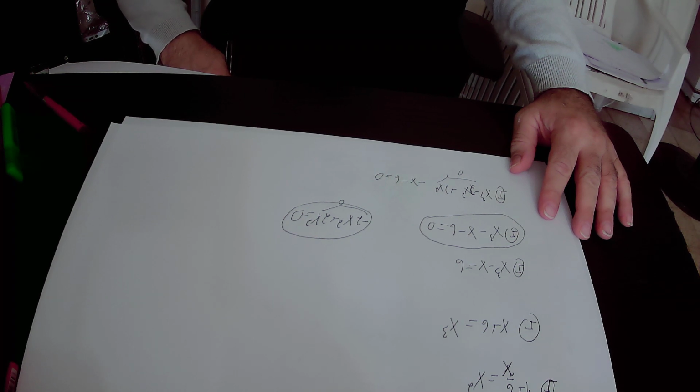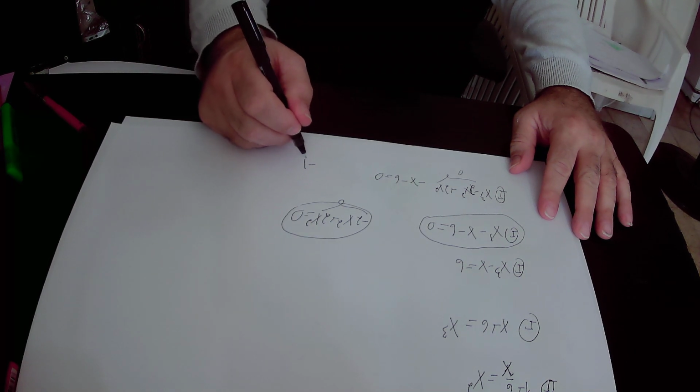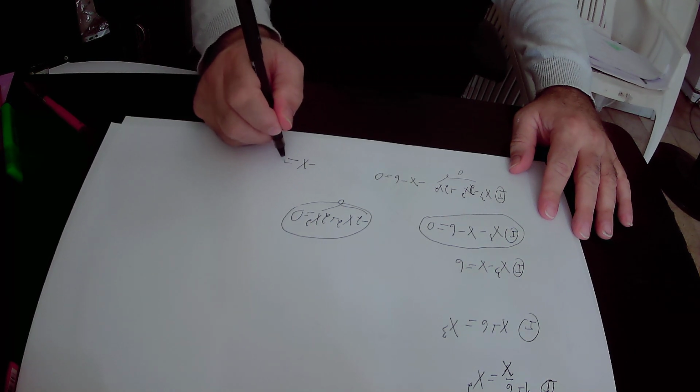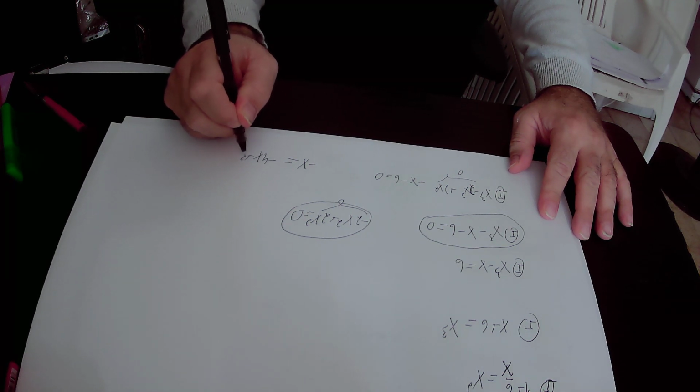Okay, then we know that minus x equals minus 4x plus 3x.